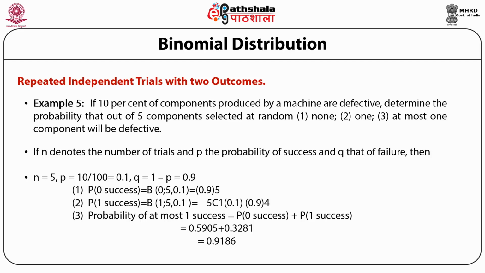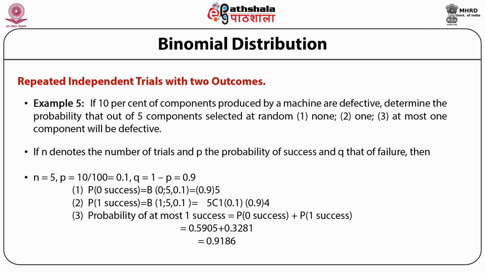The probability of no success, that is 0, will be equal to q raised to power n, and the probability of 1 success is nCr, where r is 1. That means 5C1 p raised to power r, that is 0.1 raised to power 1, times 0.9 raised to power 4.